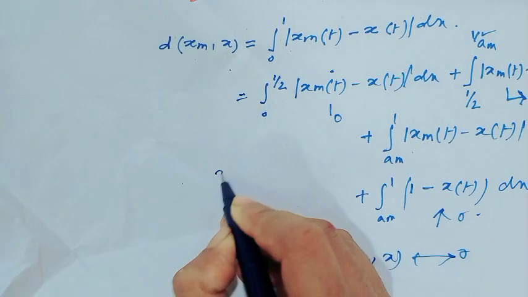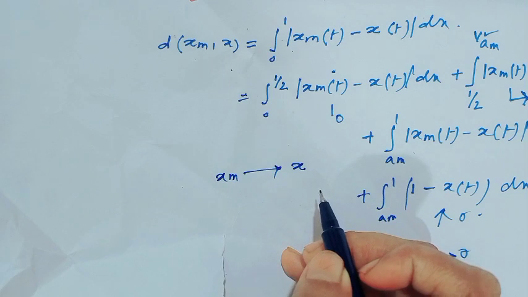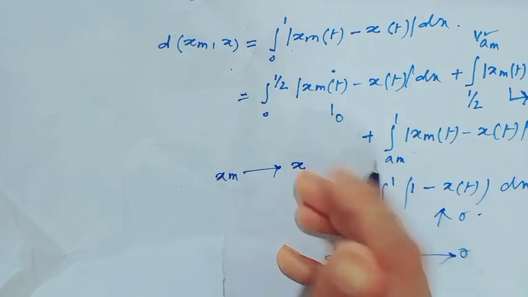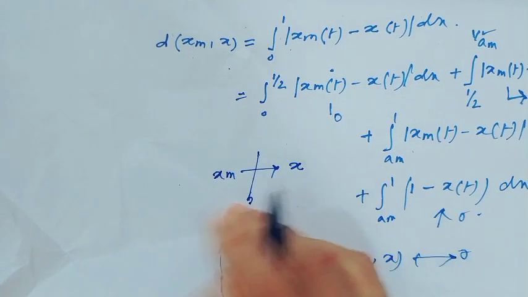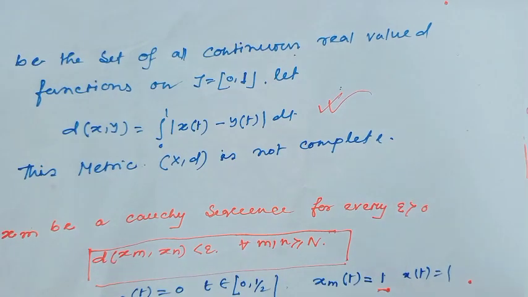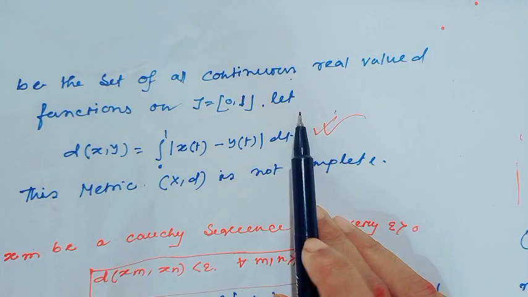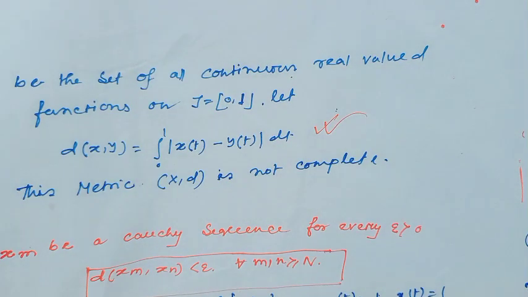Therefore, x_m does not converge to a continuous function x. So this metric space C[0,1], where I have considered [a,b] as [0,1], is not complete.